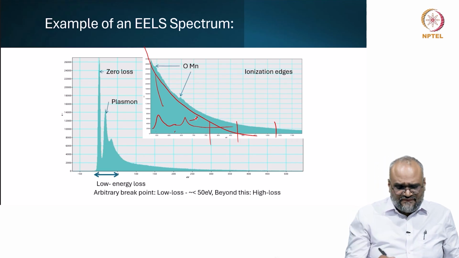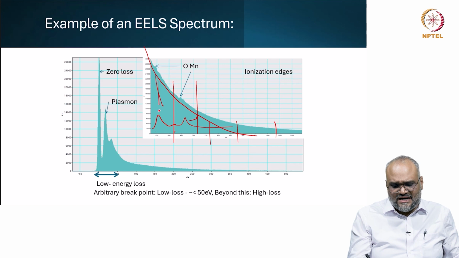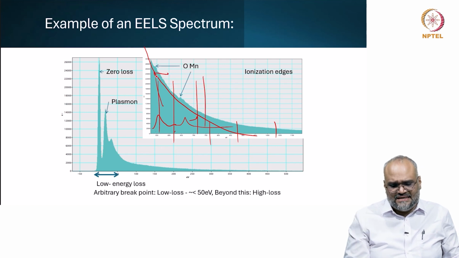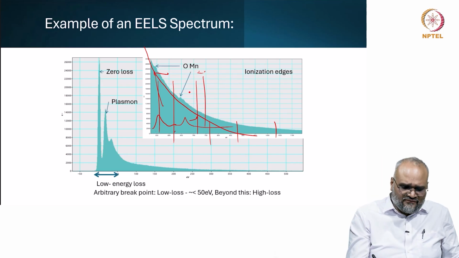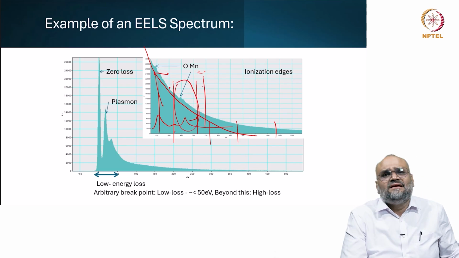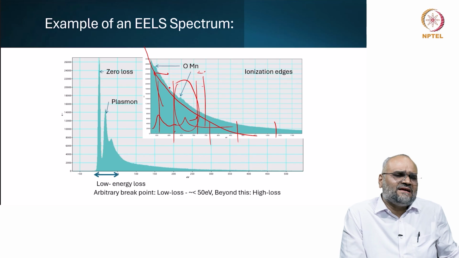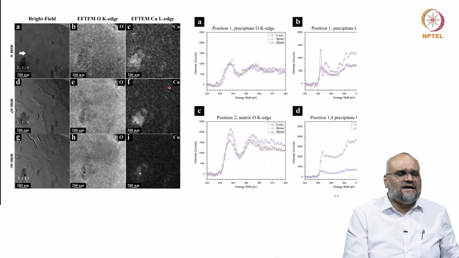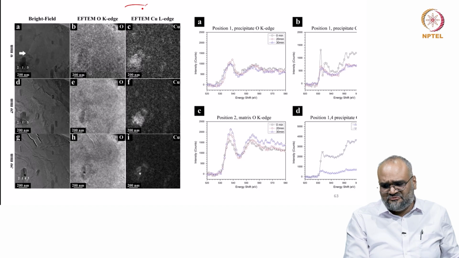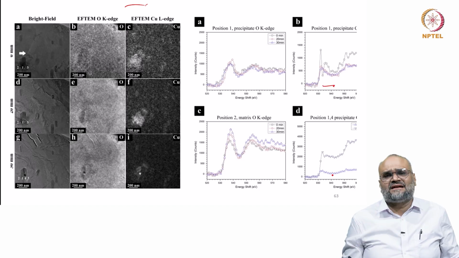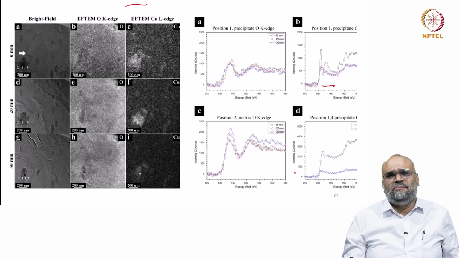And next, if I place some kind of a window and record the pre-edge and the post-edge spectra, and I only filter these out and record only the information around the specific ionization edge, I can get what is called energy filtered transmission electron micrographs, and this is how your energy filtered TEM maps look like. And from each specific position, if I record EELS spectra like this, I can also get parallel EELS recording coupled with STEM.